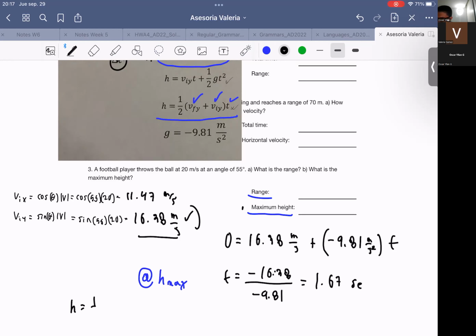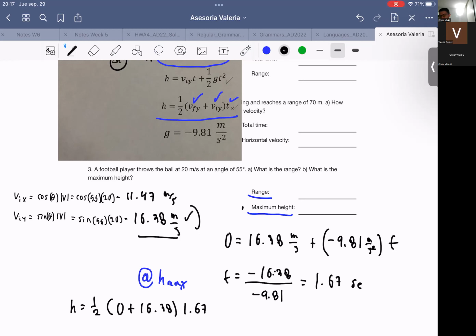It's going to be 1/2 of the final velocity in Y, which is 0, plus the initial velocity, which we just calculated was 16.38, times the time that we just calculated, 1.67.